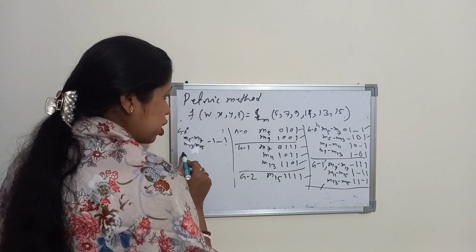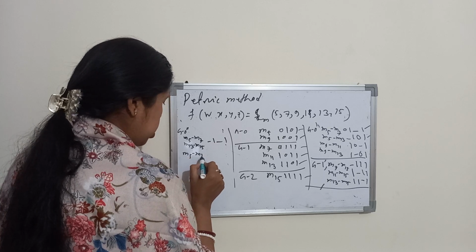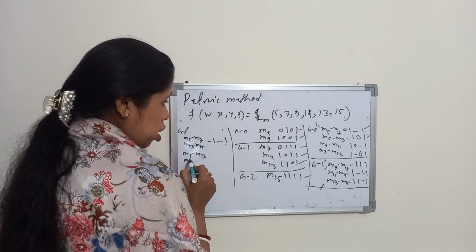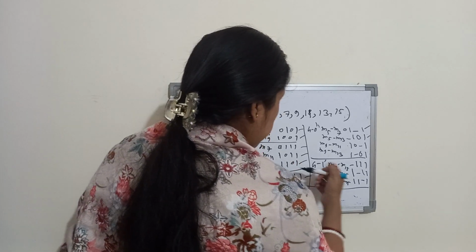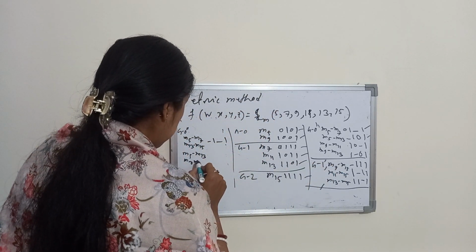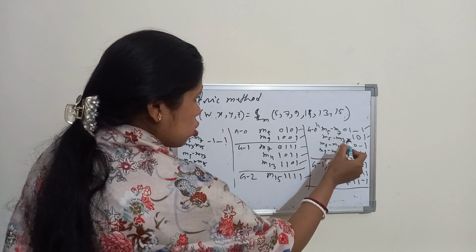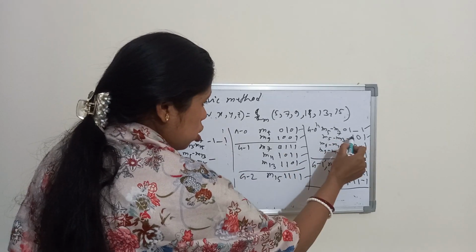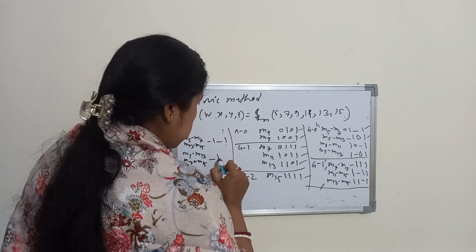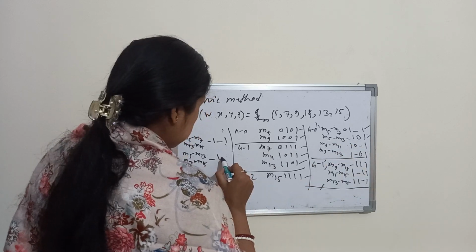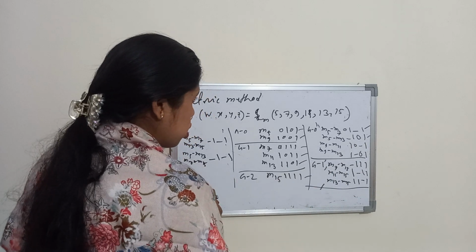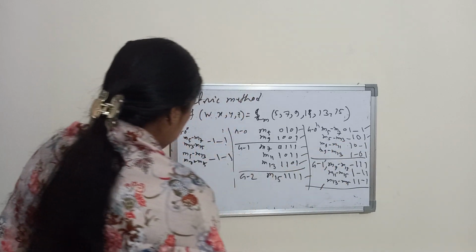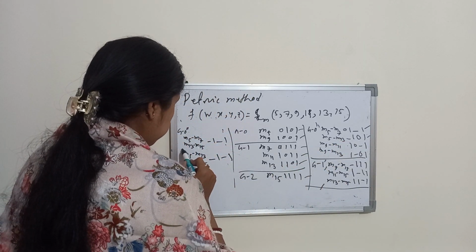So here it is M5, M13, M7, M15. So dash, this is 1, again dash, this is 1. The third bit is different, all other bits are same.